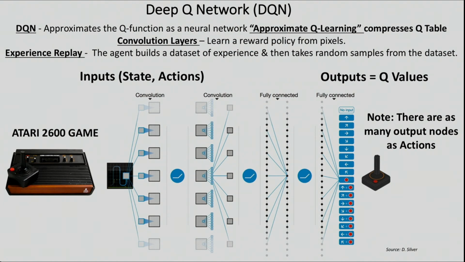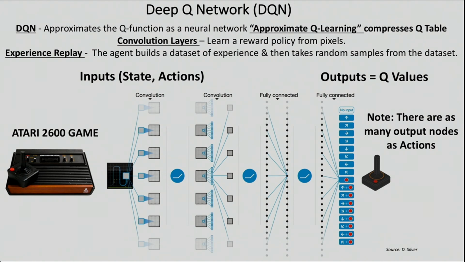This is so-called approximate Q learning, which is much more efficient than the generic style of Q learning and Q tables we discussed earlier. The convolution layers are similar to what we discussed earlier in convolutional neural networks, but in the end, what we're doing is learning a reward policy from the inputted pixels.